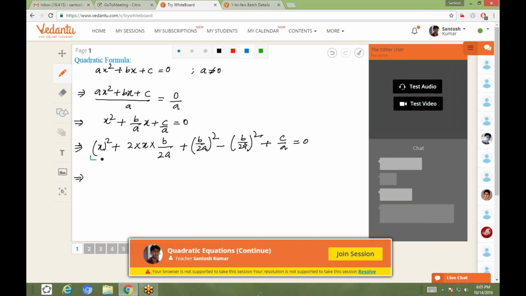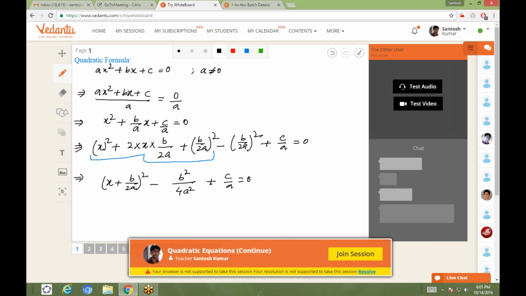Okay, and then at last we will add this c by a. So this part here will give us x plus b by 2a whole square minus b square, one second, let's just simplify it. So this will be b square divided by 4a square plus c by a is equal to 0. Is it correct so far, everyone?